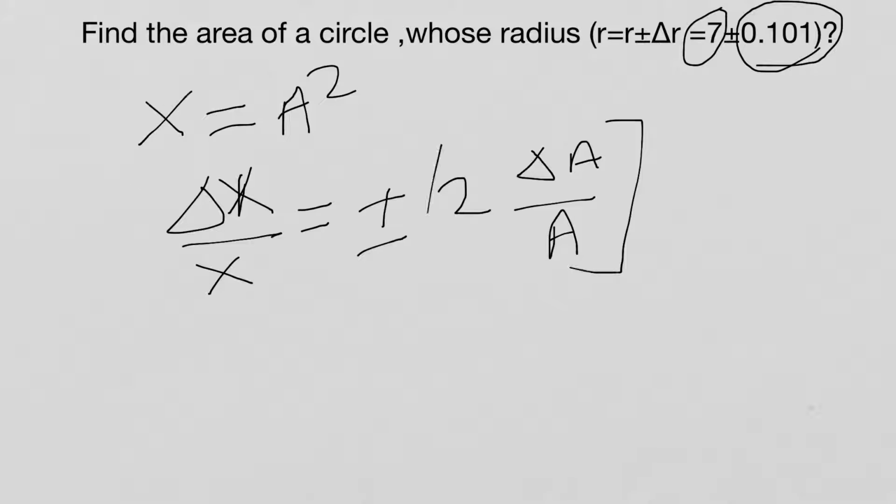So this will be the formula. Whatever the indices are, they will get multiplied, that's all. If it is cube, then it will get multiplied here by 3. If it is 4, then it will get multiplied here by 4. So whatever the index is, that will get multiplied, and the remaining thing is the same. So now let's move on.